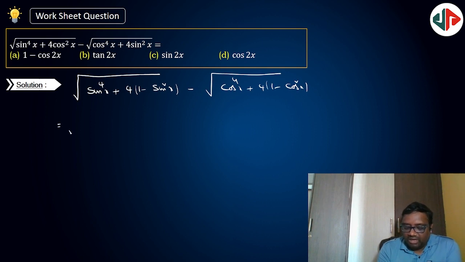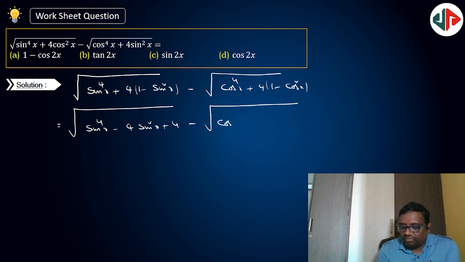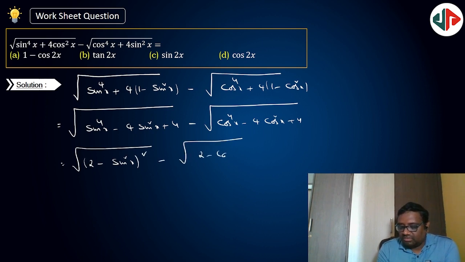Can we rewrite this as under the root of sin power 4x minus 4 sin square x plus 4 minus under the root of cos power 4x minus 4 times cos square x plus 4? We can rewrite this value as under the root of (2 minus sin square x) whole square minus under the root of (2 minus cos square x) whole square.